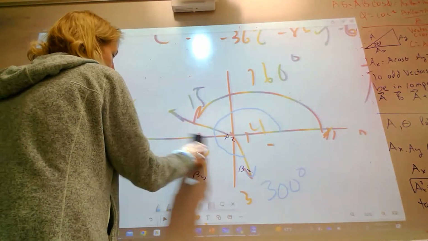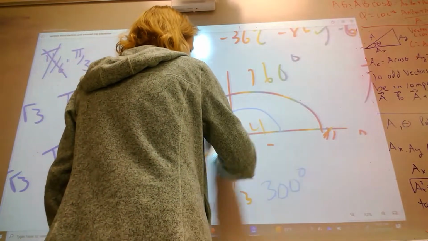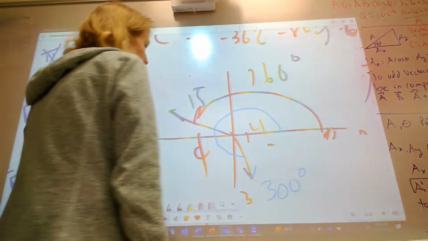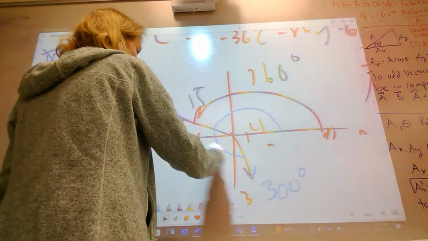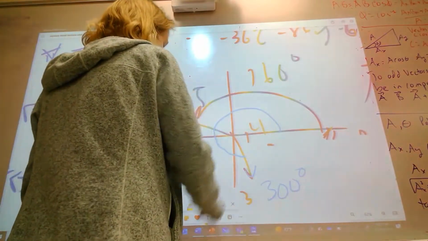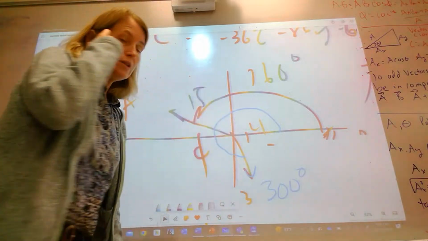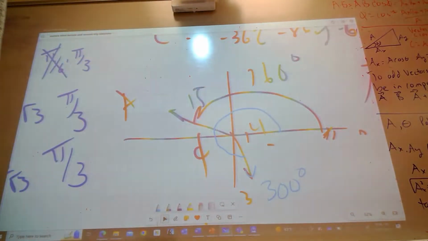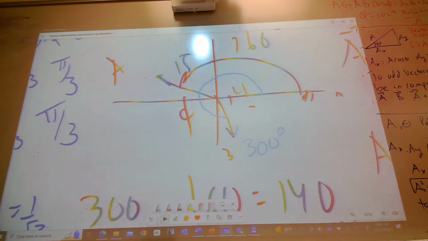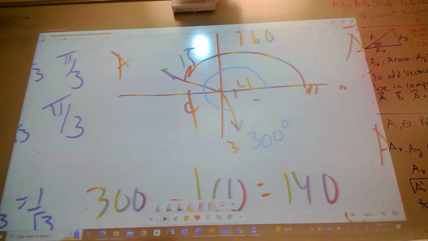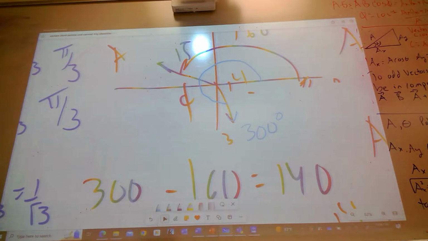So you have some homework problems where you have to do the vector cross product, and you should look for the shortest distance between them. Okay, so 300 minus 160 gives you 140. So that is our phi.